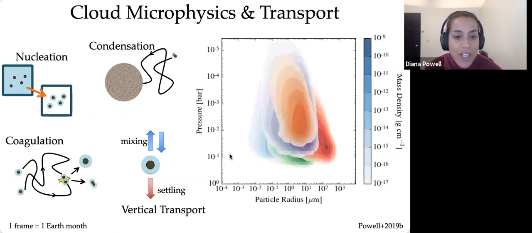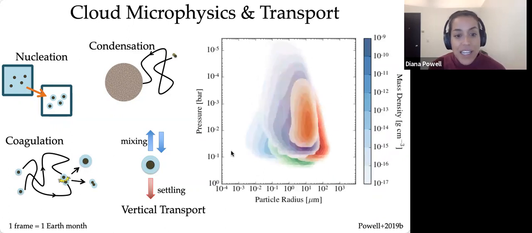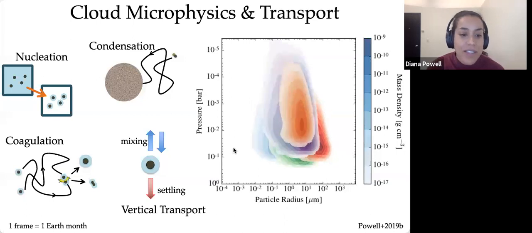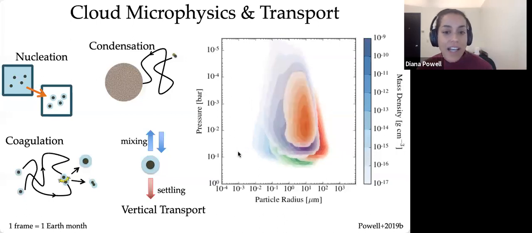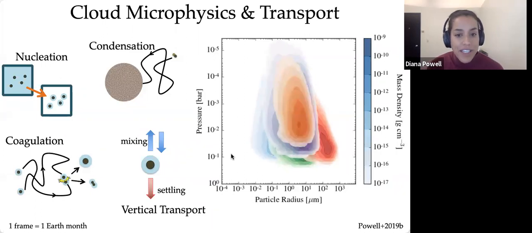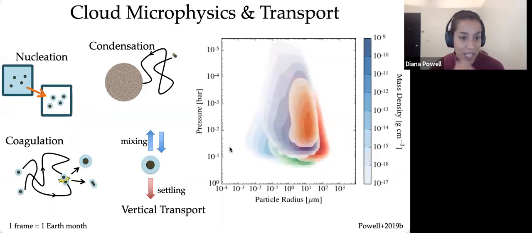Each of the different colors indicates a different cloud species. And all of the properties of the cloud particles shown here, such as their particle size distribution and vertical extents in the atmosphere, are calculated from first principles through consideration of the microphysical processes that I've shown here on the left. So this cloud formation model is readily adaptable and widely applicable, and has been used to predict and explain data for a wide range of planets.